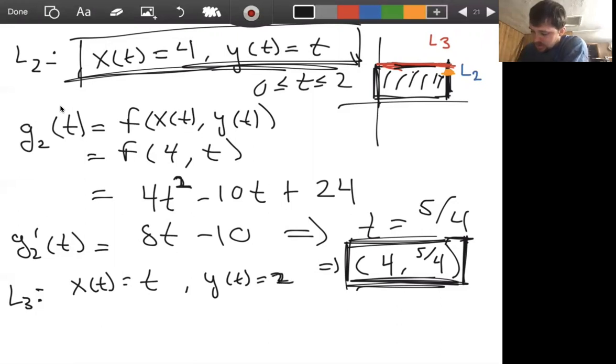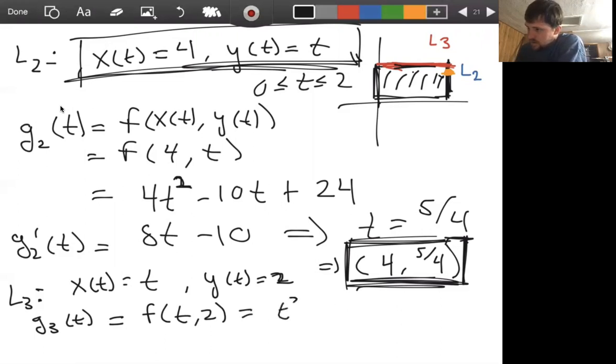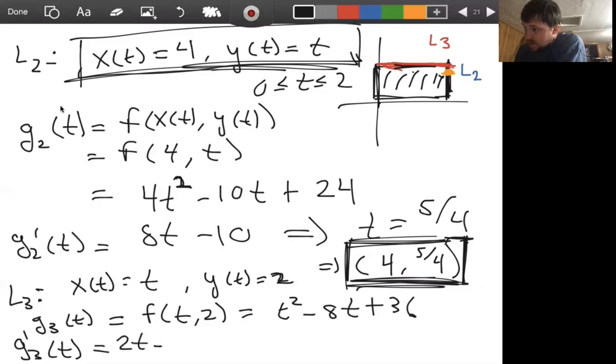And so then we get g3 of t, which is f of (t, 2). If you plug this in, what you'll get is t squared minus 8t plus 36. Calculating the derivative gives us 2t minus 8, which tells me that t is 4. And so we have a possible extrema at the point (4, 2).